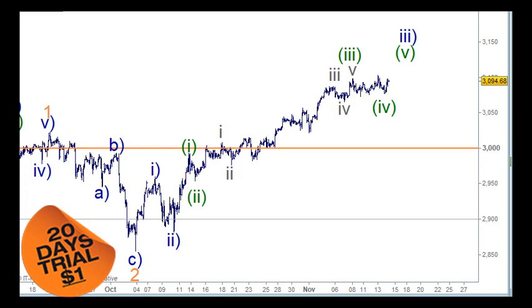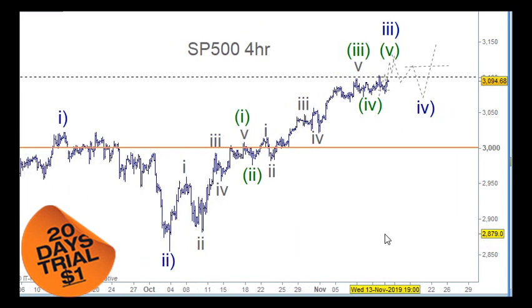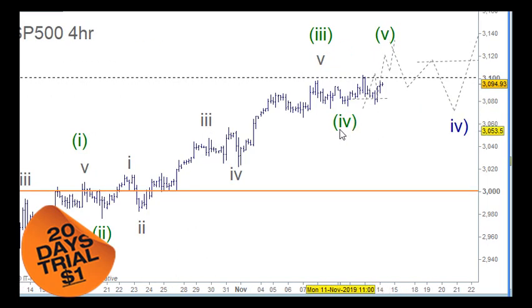What's the next one we've got? What's on the 4-hour chart here? Okay, this is slightly different again, where we have wave 1 and 2 here, and 3 and 4 and 5 for 1 and 2 here, and then 5 waves up here for wave 3 of 5 of 3, and wave 4.